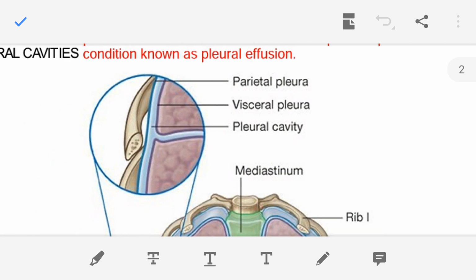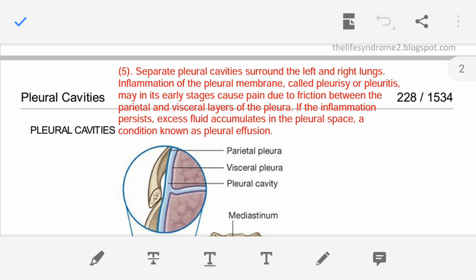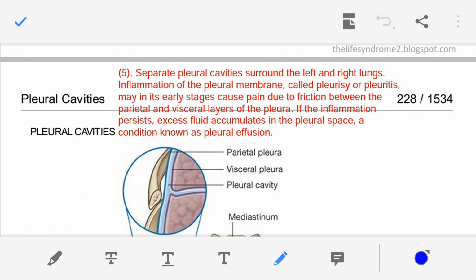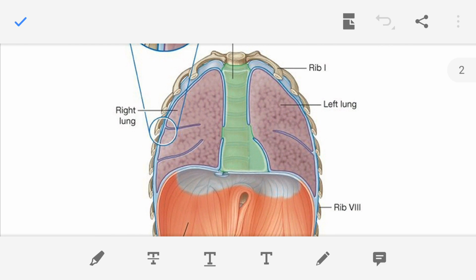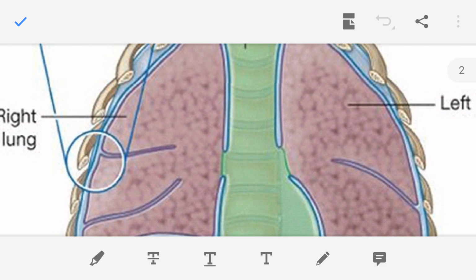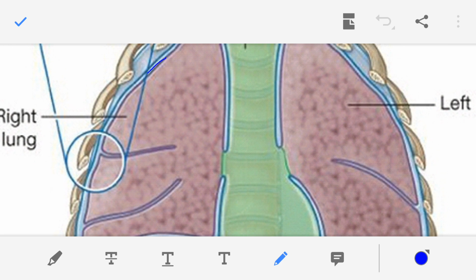Okay, so now in this point, separate pleural cavities surround the left and right lung. So here you see this cavity we are talking about, this cavity, and this cavity.